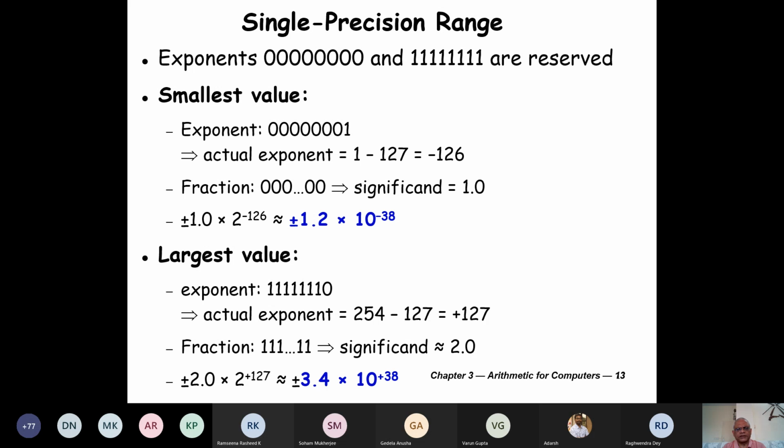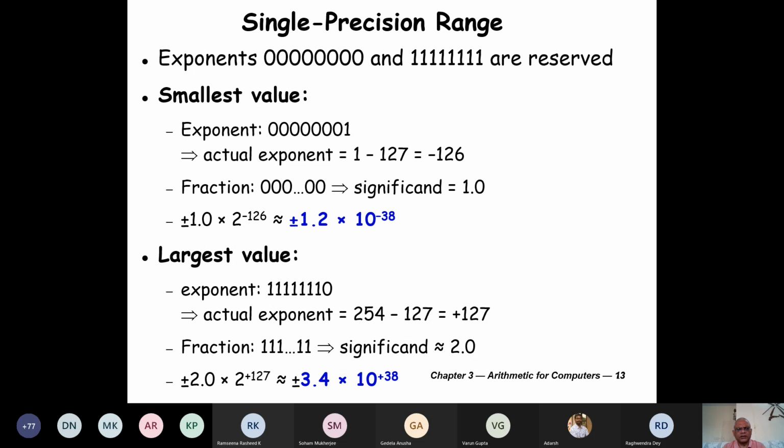But before that, let's find out the smallest value that we can represent using the single precision IEEE 754 floating point standard. The exponent cannot be all zeros, so the smallest exponent that we can have is all zeros and 1. If we compute its actual value, it is 1 minus 127, which is minus 126. That's the exponent. The fraction part can be all zeros, and the significand is 1.